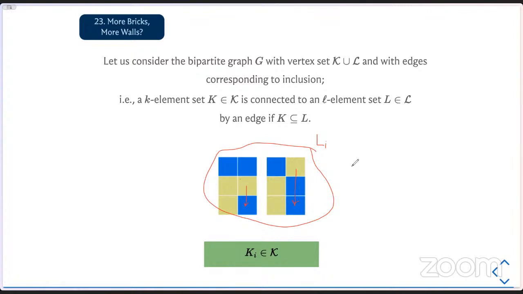Now I want to say, fix any two objects in a common equivalence class Li. And let's ask ourselves, how many things do they see in some equivalence class Ki? This was knocked out with a one-liner in the miniature based on this pi definition, by saying you just apply these non-column breaking permutations to get to Ki.